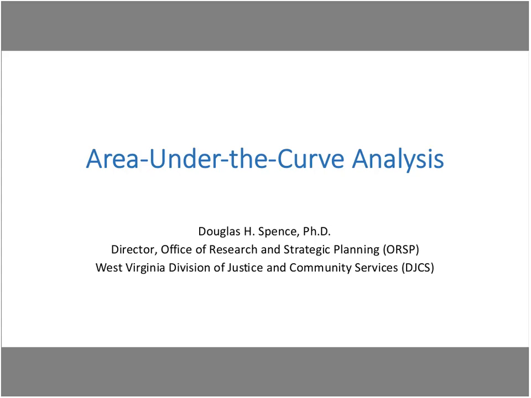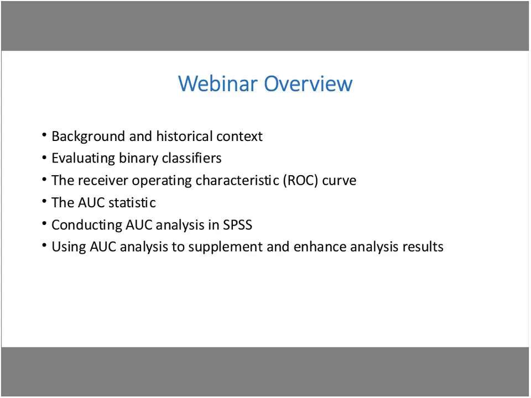Before we get started today, I want to give you a little bit of an overview of what I'll be talking about. I'm going to start with the background and historical context of AUC analysis, because it comes from signal detection theory. We'll talk about the broader issue of evaluating binary predictors or classifiers. We'll also talk about the receiver operating characteristic curve, which is the curve that area under the curve analysis is looking at.